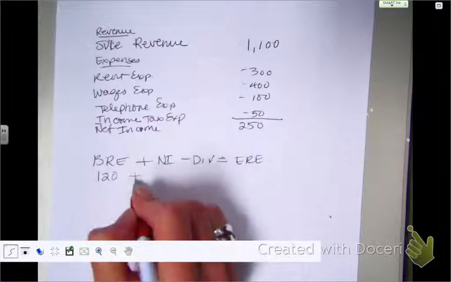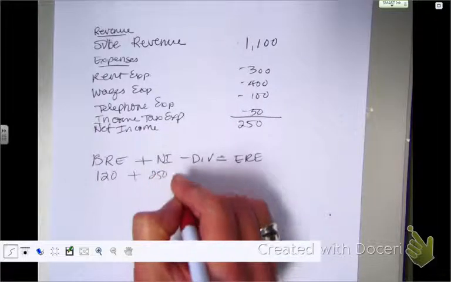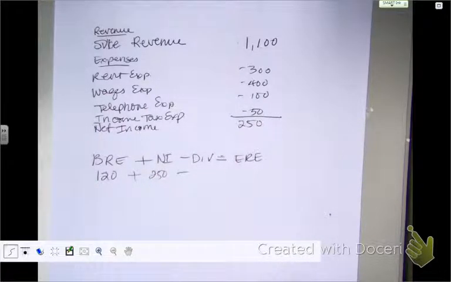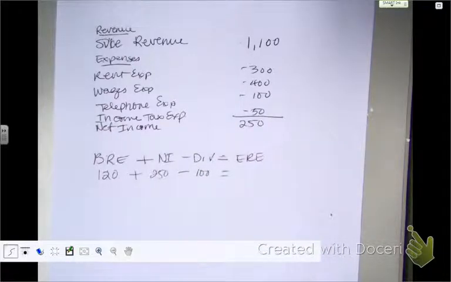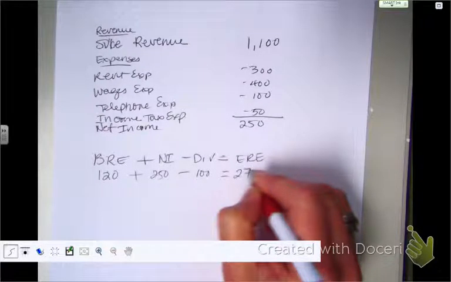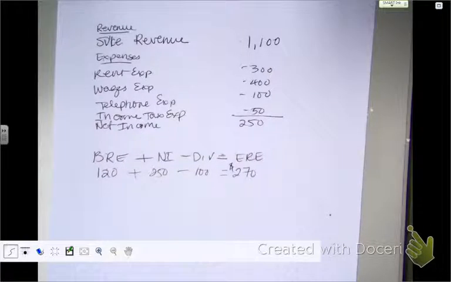And then our net income is 250. And our dividends, they said 100. So our ending is 270.